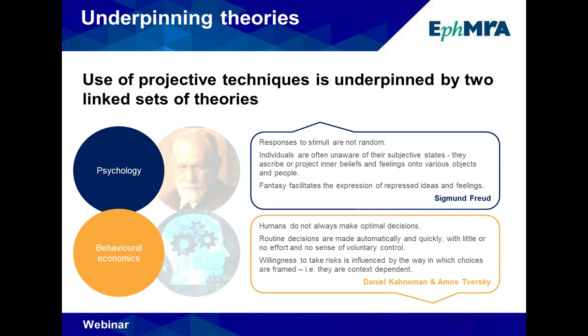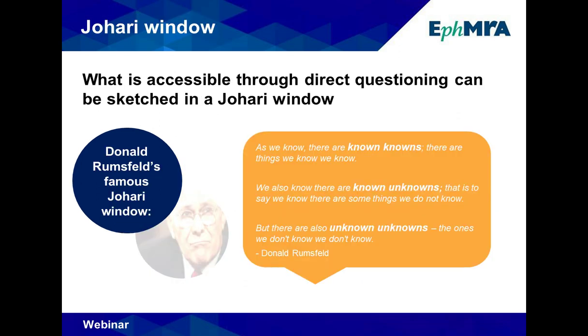To give you a bit more information on the theory behind projective techniques, what is accessible through direct questioning can be sketched in a Johari window, and Donald Rumsfeld tried to explain this in simple terms.